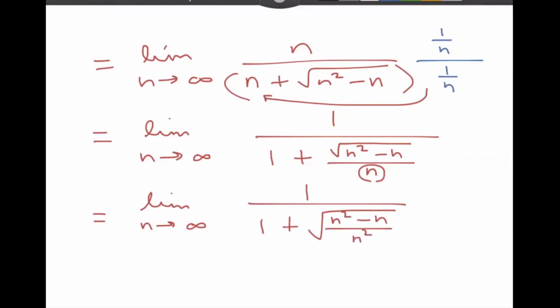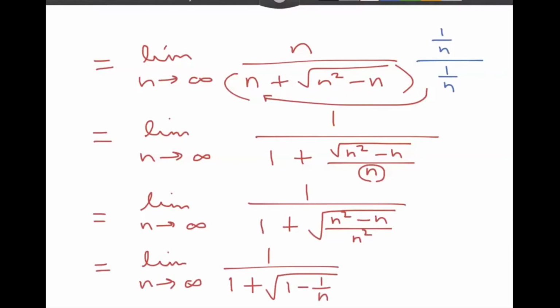See what I did there? And now if you break that into two separate fractions, you get 1 over 1 plus the square root of n squared over n squared, which is 1, minus n over n squared, which is 1 over n.